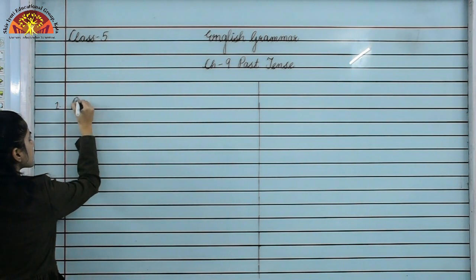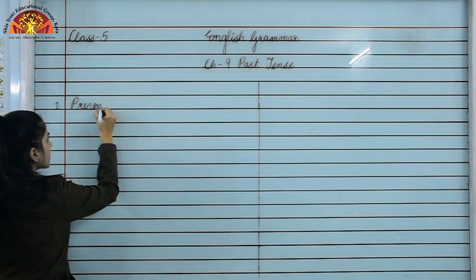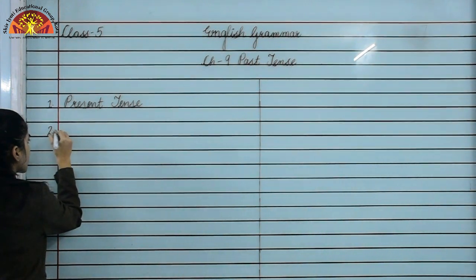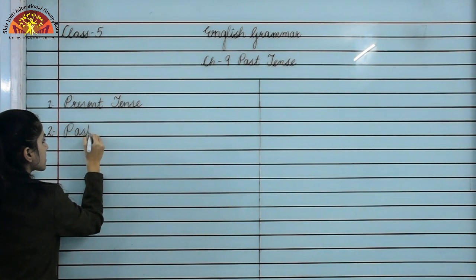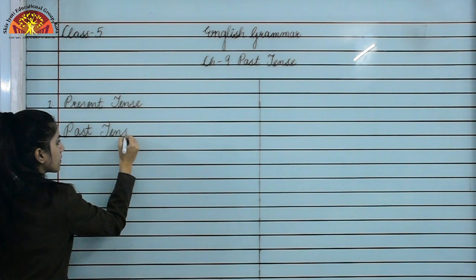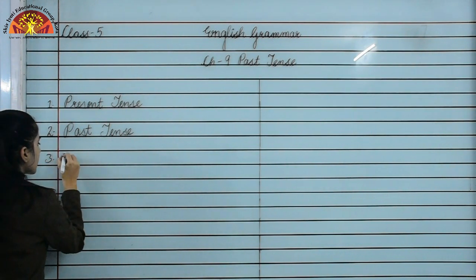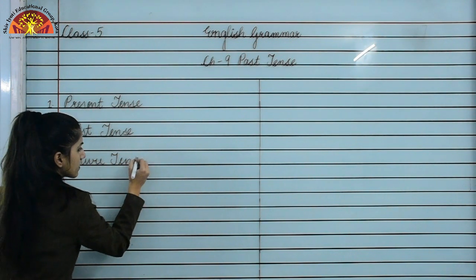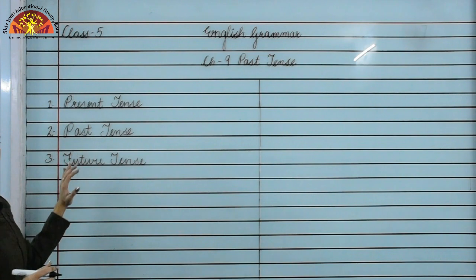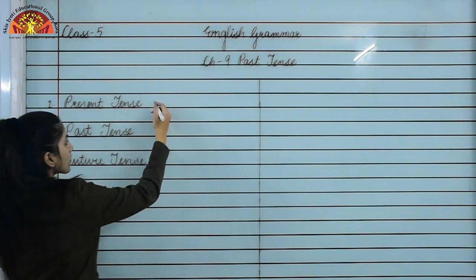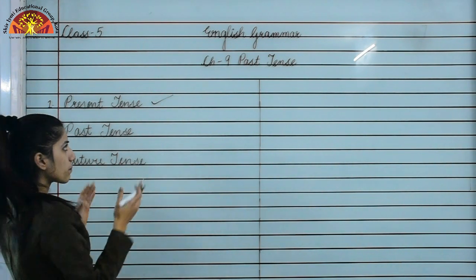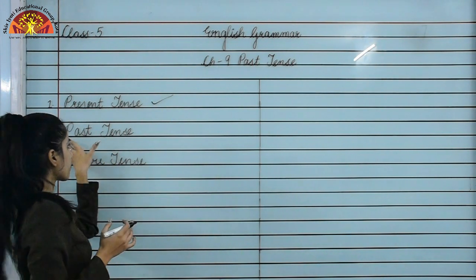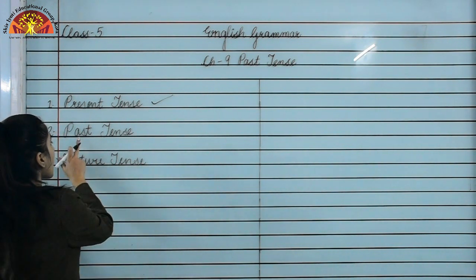Present tense, second past tense, and the third one is future tense. In chapter 8 we have already done the present tense, and in chapter 9 we are going to see the past tense and its subdivisions.